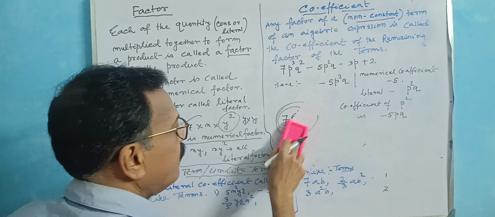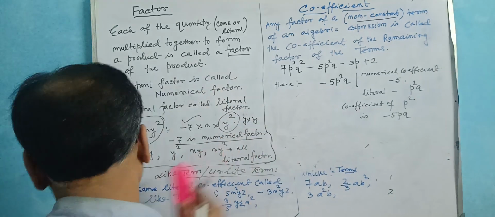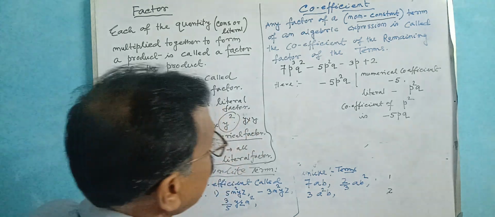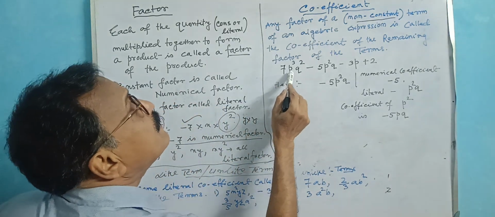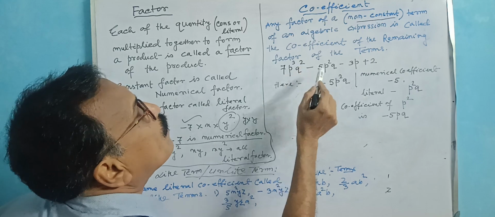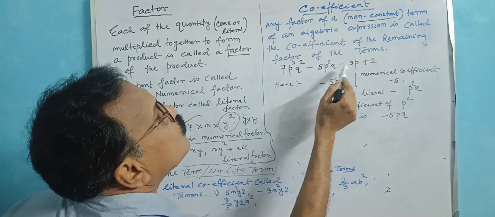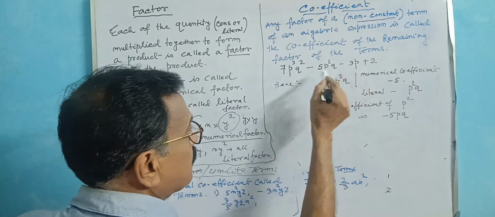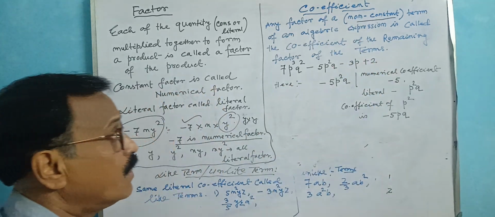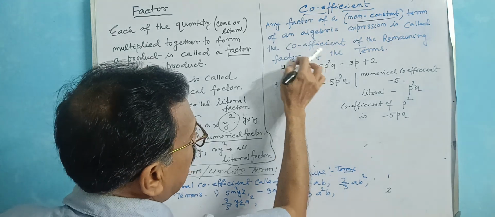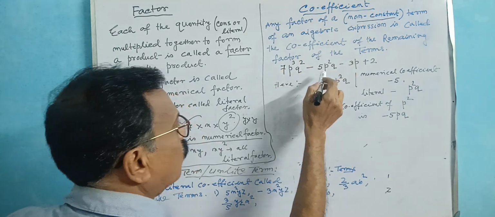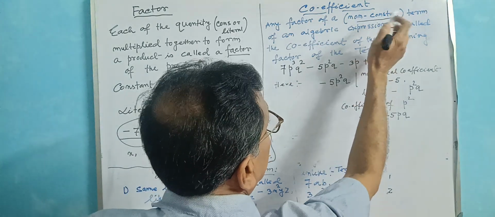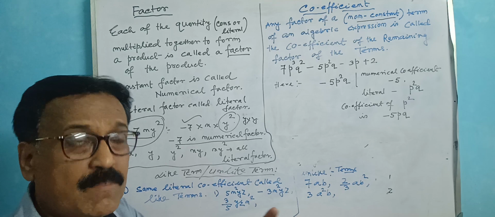Here I write down clearly. Suppose 7pq square minus 5p square q minus 3p plus 2. Which are the non-constant terms? This one, this one and this one are non-constant terms, and this is the constant term.